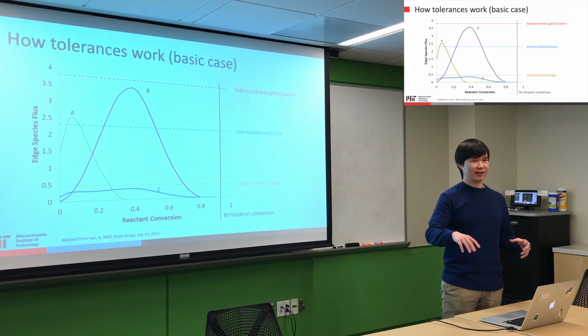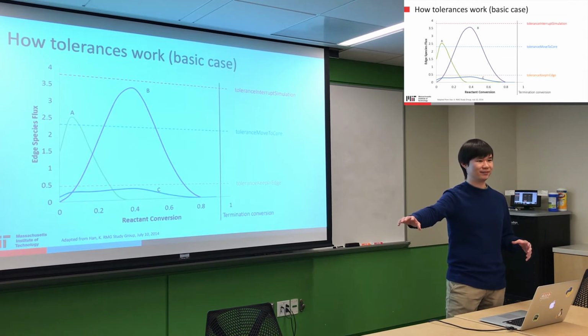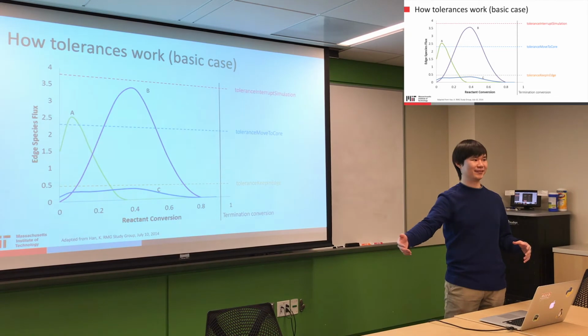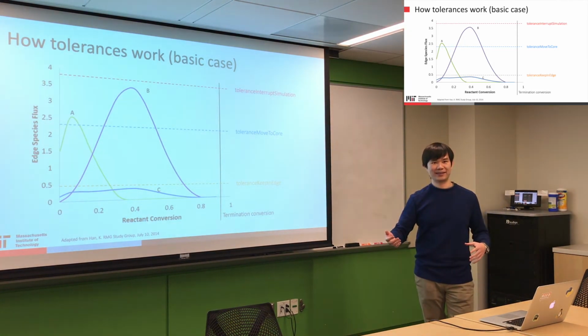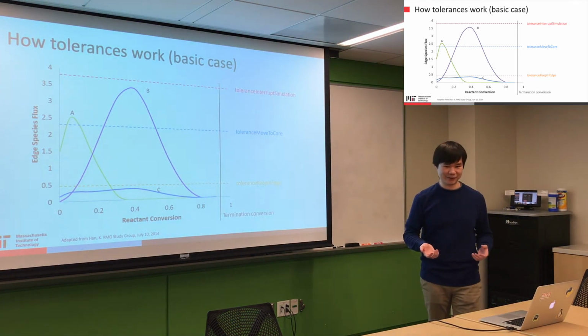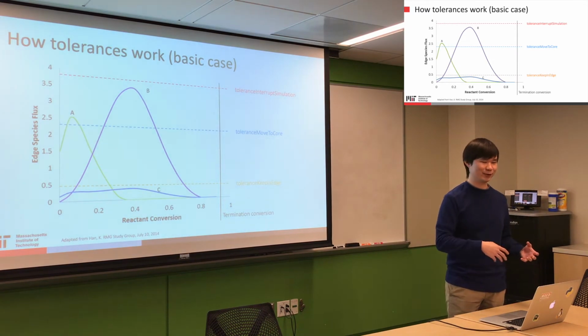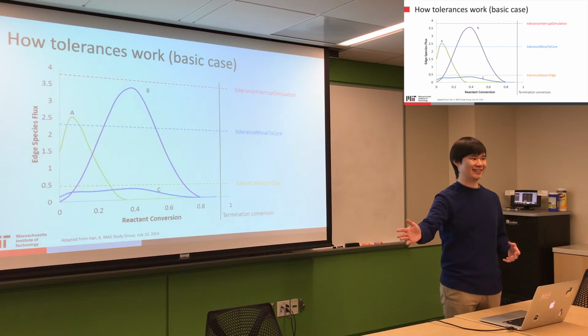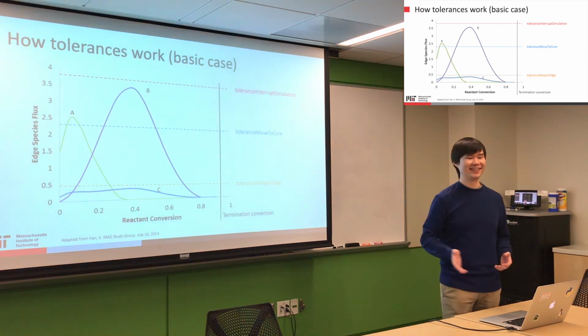So at least practically, we can't really evaluate the flux to a second layer of edge species. But thinking about it in a different way, when we add edge species to the core, we are extending in that direction and then evaluating the next layer in that particular direction.